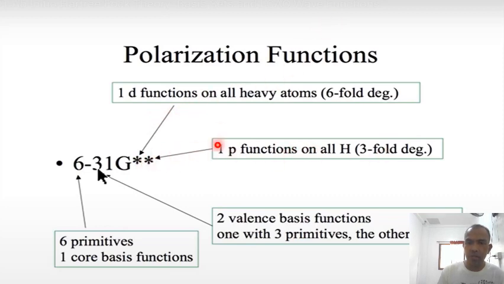The first function is to add d functions on heavy atoms, and by heavy here, we mean the first and second row atoms, because that is where the original work was done.